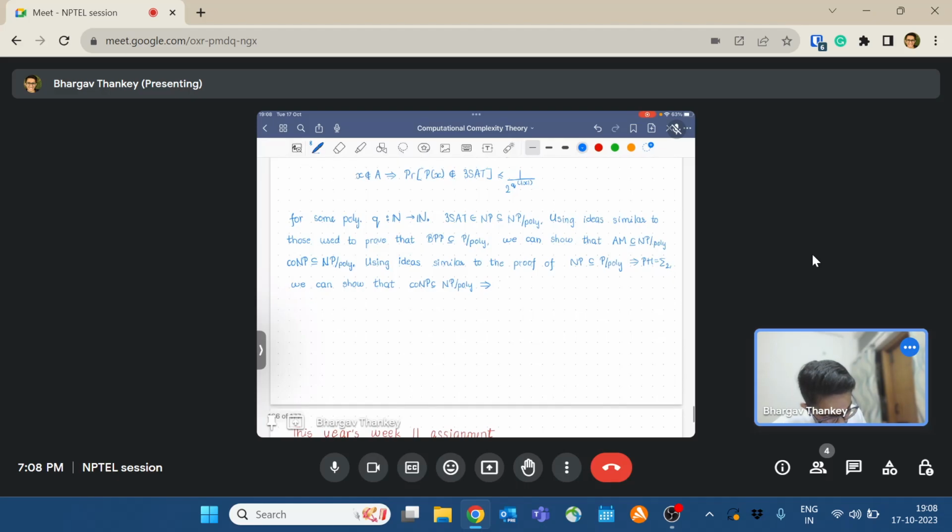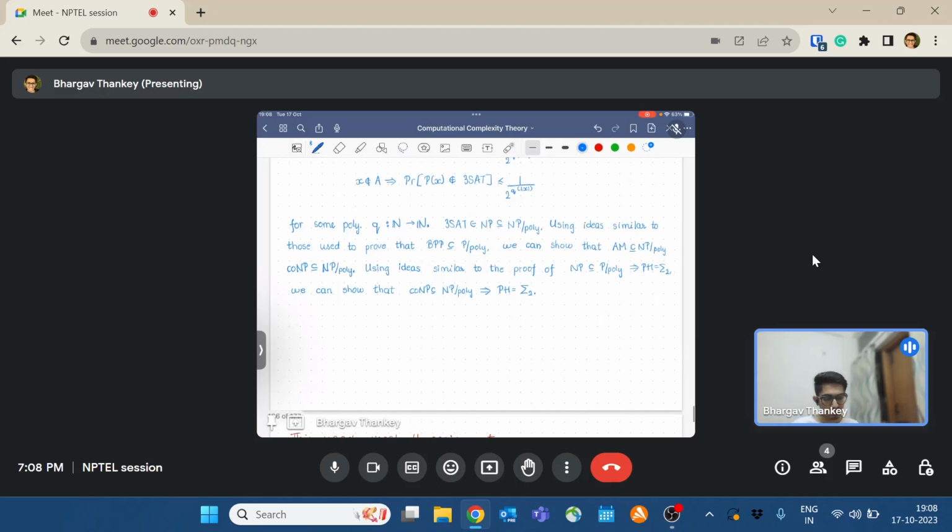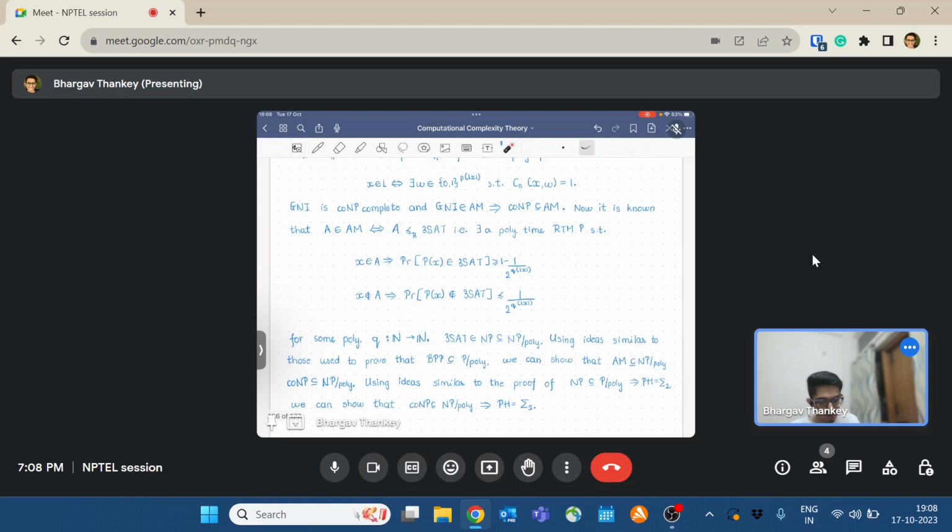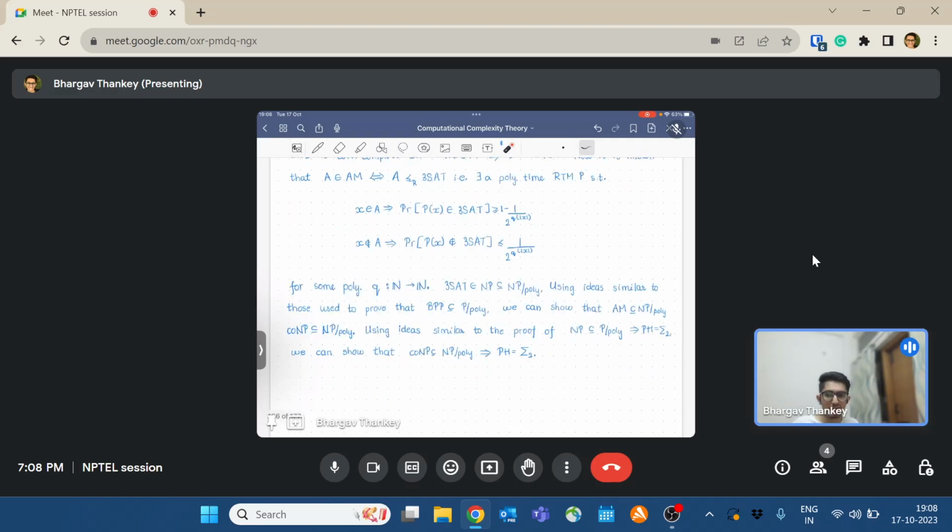Basically, the proof of this involves this observation, and then ideas similar to the proofs of BPP in P/poly and co-NP in P/poly implies PH collapses. I won't go into details because it is long and tedious, but using the sketch you can work it out on your own. So is this fine?